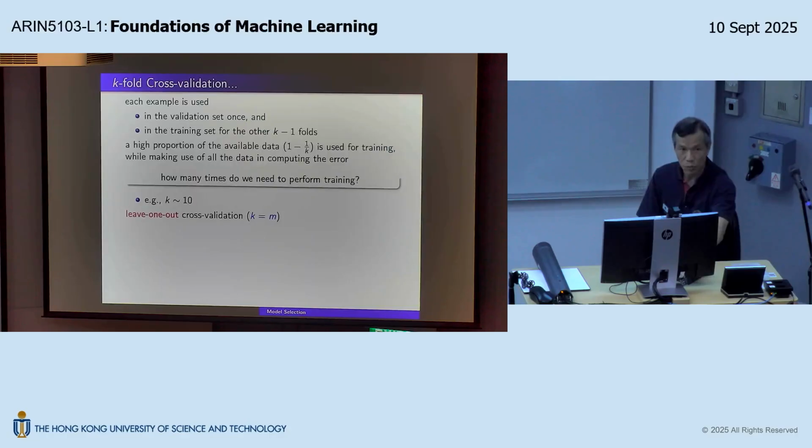So in that case, what are you doing? If you have, say, 100 samples, you do 100-fold cross-validation. That means in each run, you take how many samples for training? 99, and then evaluate on 1. And then you repeat the process 100 times. In each run, you basically leave out one sample for validation.